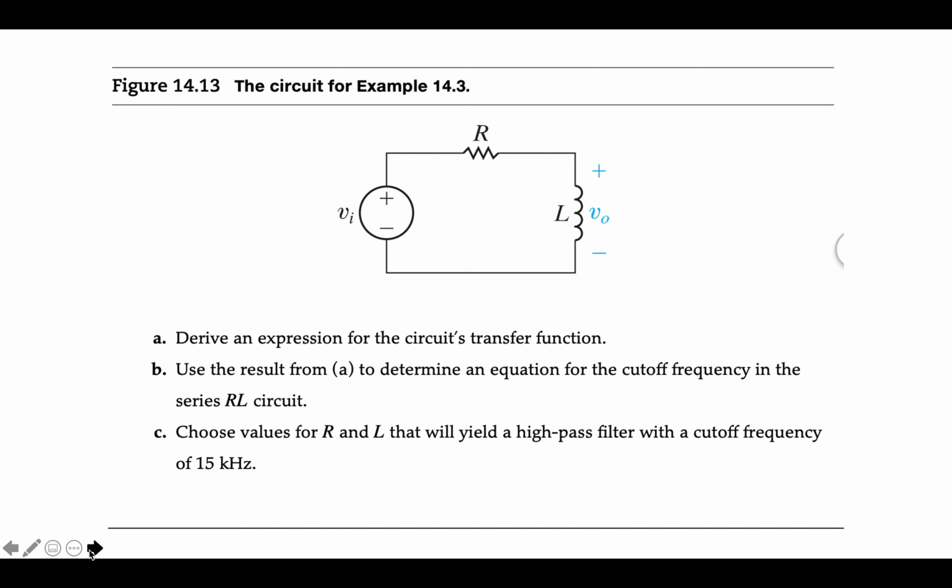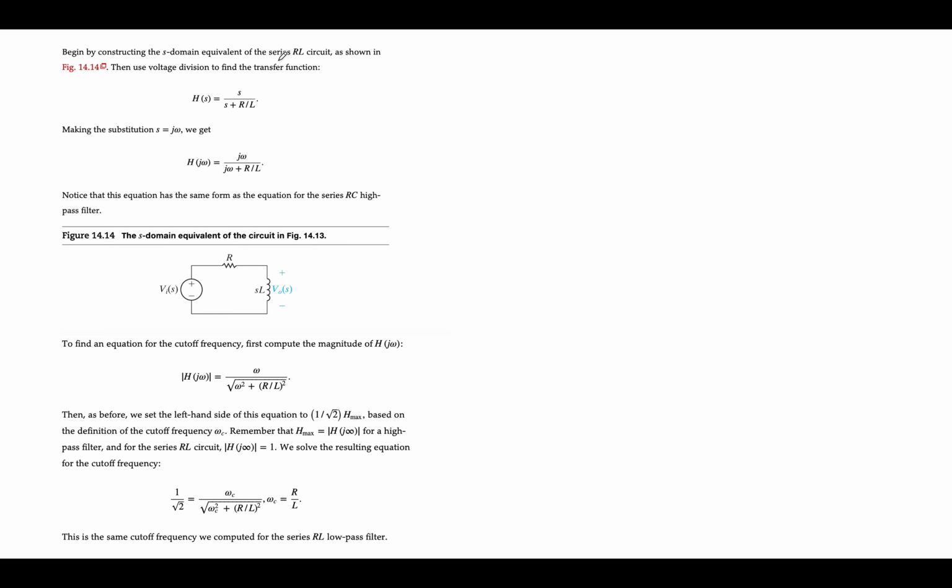As far as deriving the algebraic expression, we take exactly the same approach that we took in the past; we've actually already done this. Use the voltage divider to find the transfer function. Then we substitute j omega for s because we're only interested in the frequency response. Here is what that s-domain equivalent circuit looks like.